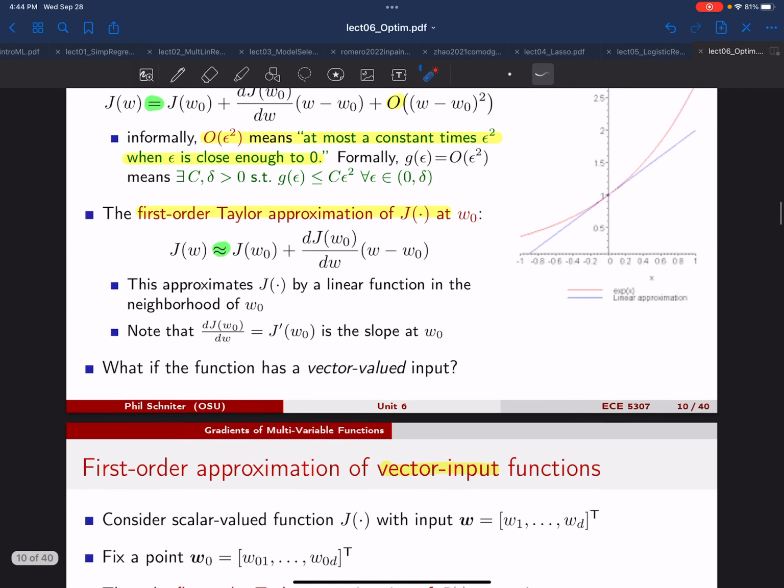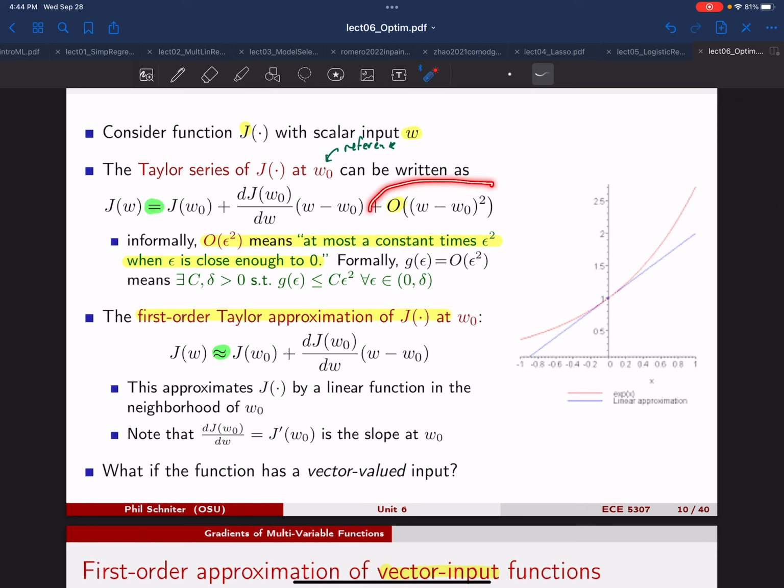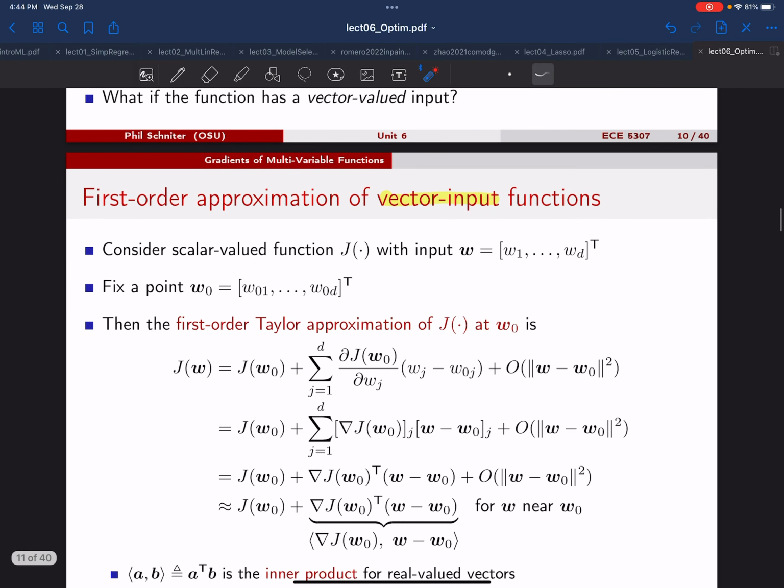Okay, then let's talk about this part. So we're going to do something similar for this. Here we have a single w and we're squaring it. So over here, we have the norm, but remember what the norm is. I can write the norm as the sum over the different j of wj minus w naught j, squared. This is the 2 norm, the Euclidean norm.